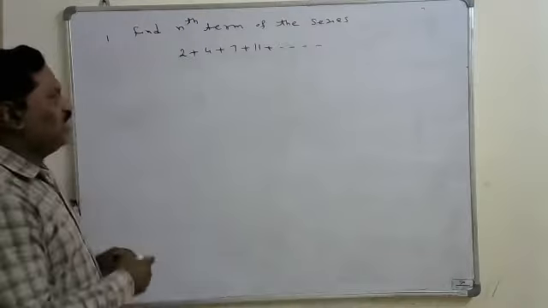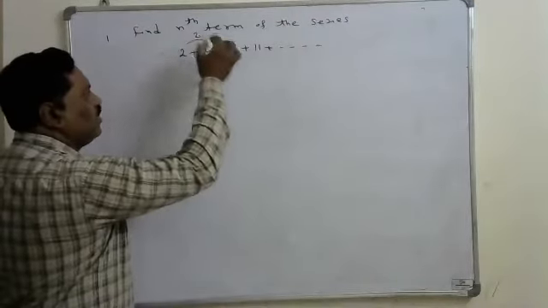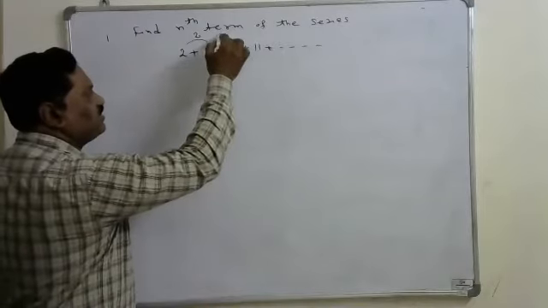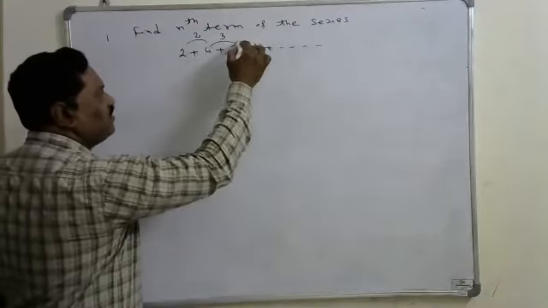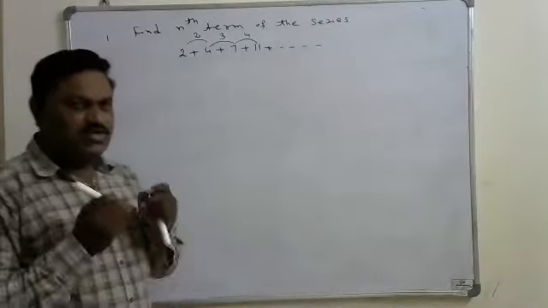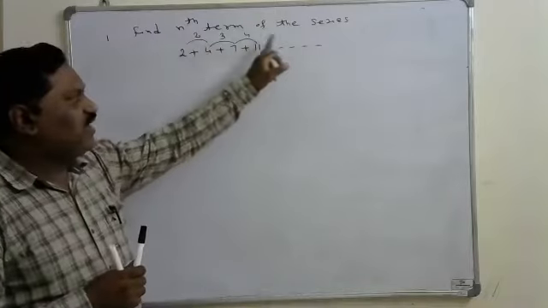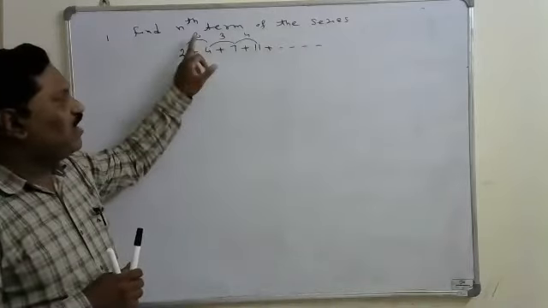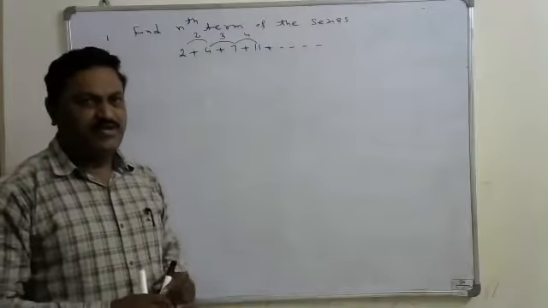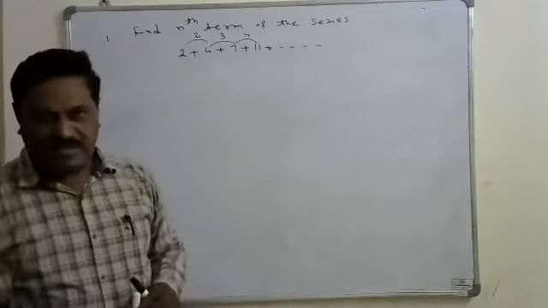But the difference between 2 and 4 is 2, between 4 and 7 is 3, and between 7 and 11 is 4, and so on. The differences between the consecutive terms are 2, 3, 4, etc., which means the differences are in AP.